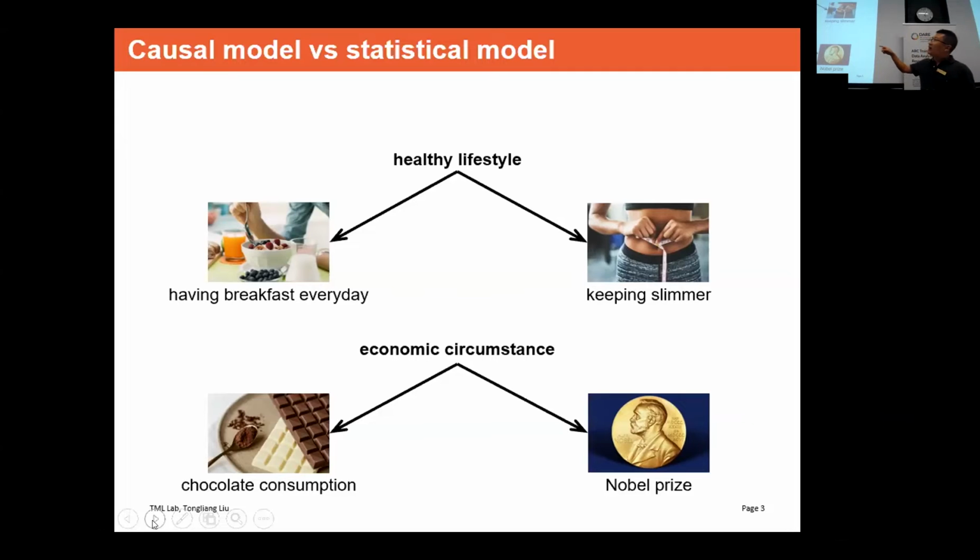For example, there is a common cause, a healthy lifestyle, which results in you having breakfast every day and also keeping fit. So if you really want to keep fit, you have to have a healthy lifestyle. It is important for us to discover the causal relationship in a system.